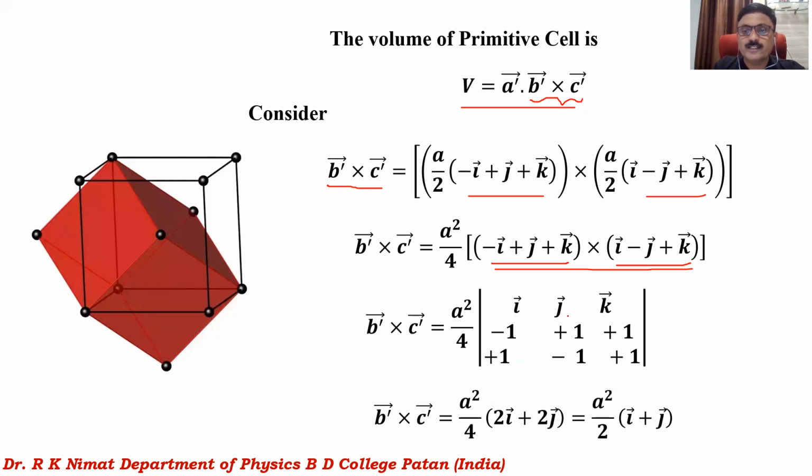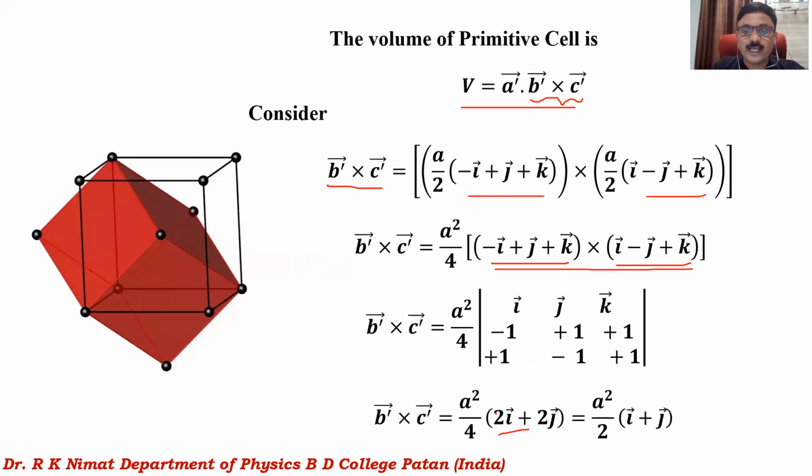Sorry, for the minus j term, you have to take -1 minus 1, so it will be -2 multiplied by minus, it will be plus, and therefore it will be +2j. And unit vector k into minus into minus, it will be +1, -1, it will be 0, so there will not be a term containing vector k.